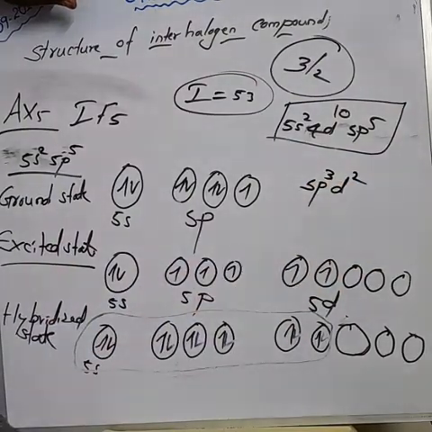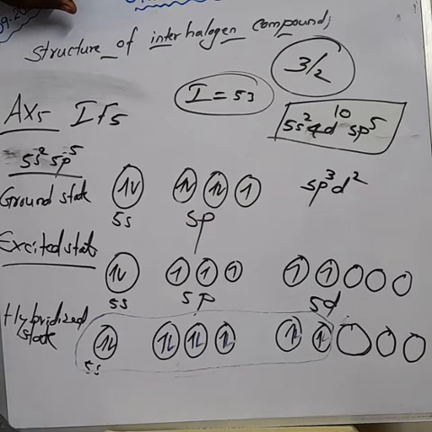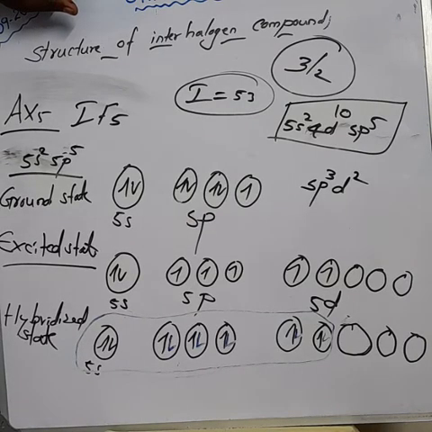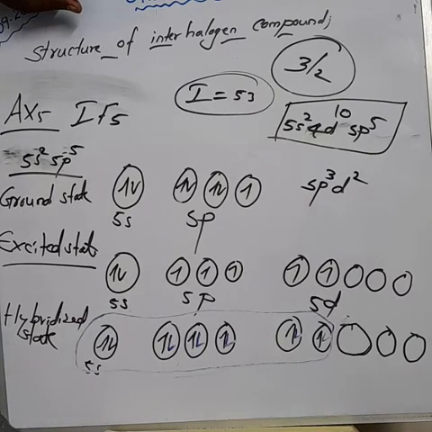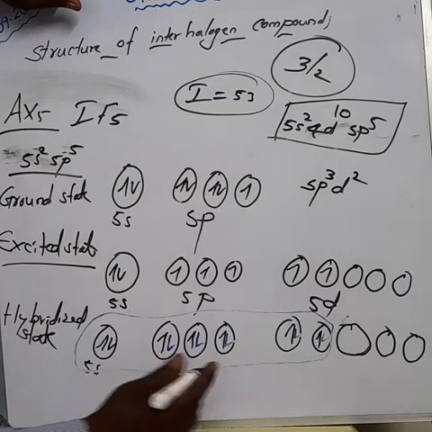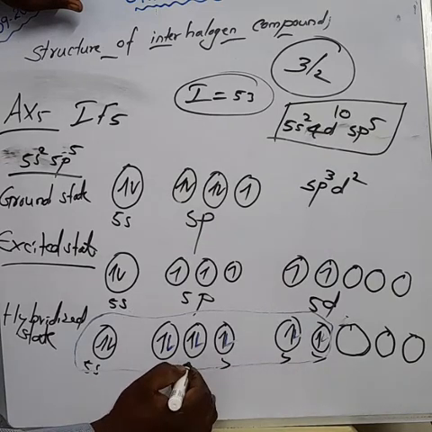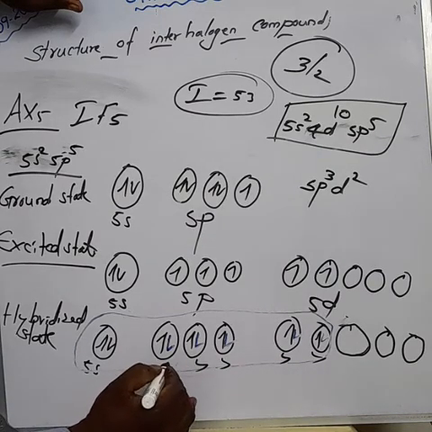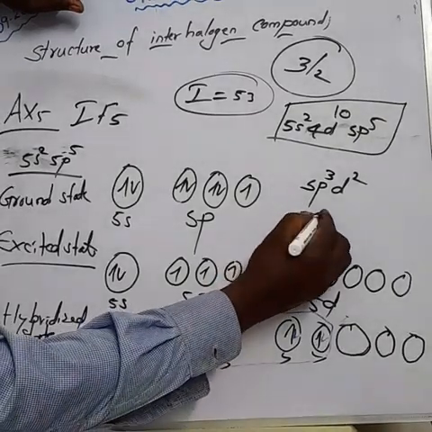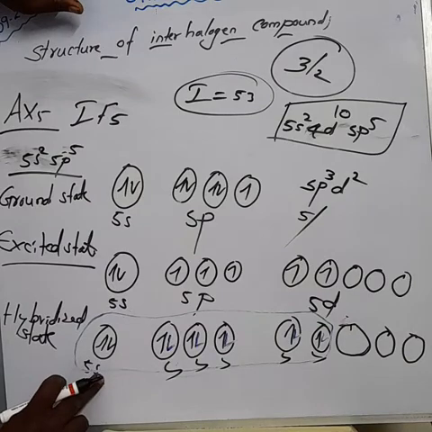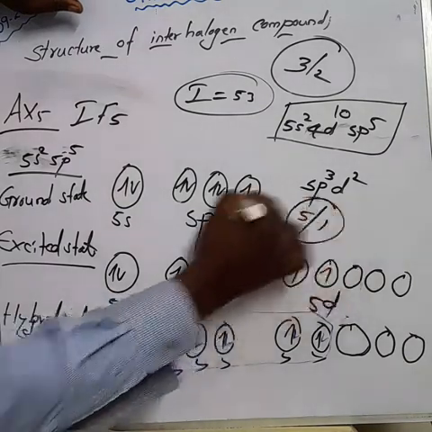So what is hybridization? sp3d2 hybridization. Okay, here how much bond pair is there? That's very important. This is 1 bond pair, 2 bond pair, 3 bond pair, 4 bond pair, 5 bond pair. So we get 5 bond pair. And how much lone pair is there? Only 1 lone pair. So 5 by 1.